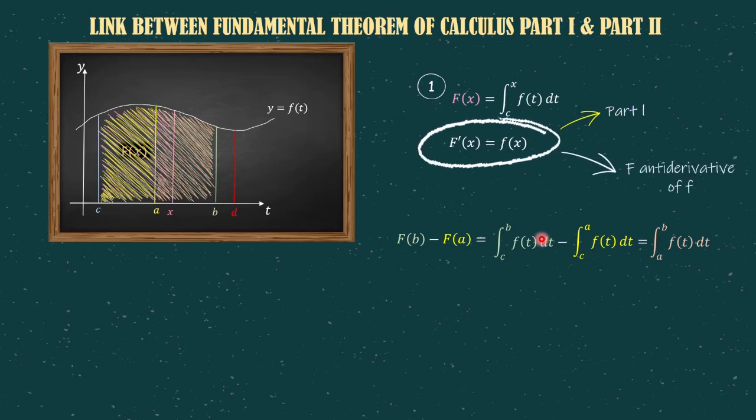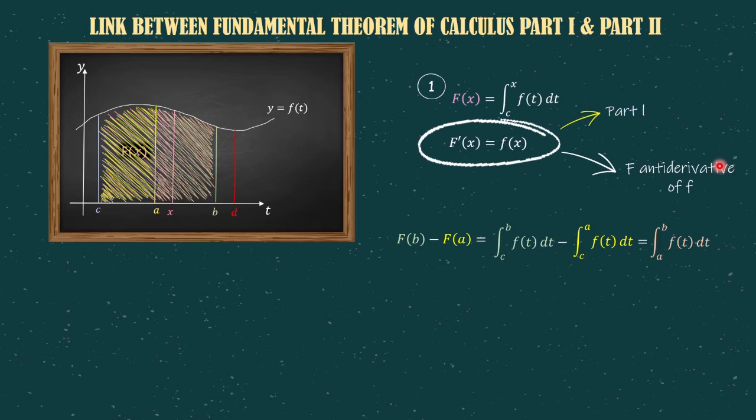That is because in the first part, it has been stated that the derivative of uppercase F(x) is equal to lowercase f(x), which in this case, the derivative of F(x) is here, and the lowercase f(x) is here. So we can see that F is an antiderivative of f.